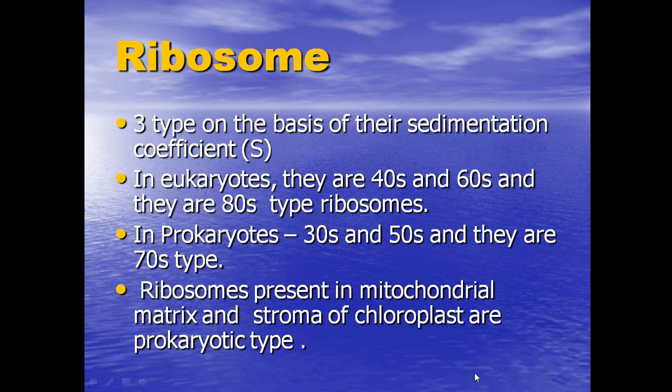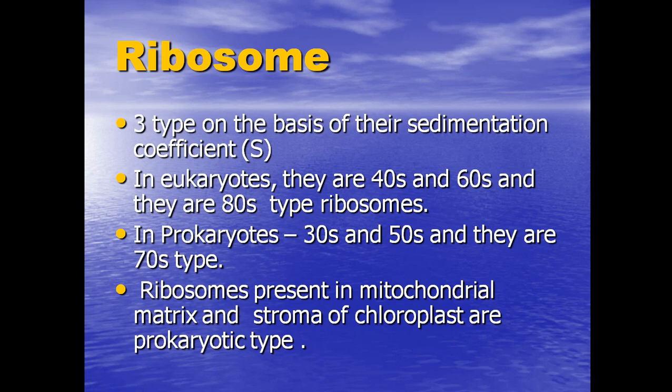Whereas in prokaryotes, the ribosome consists of a smaller 30S subunit and a larger 50S subunit, and the ribosome is known as 70S type.